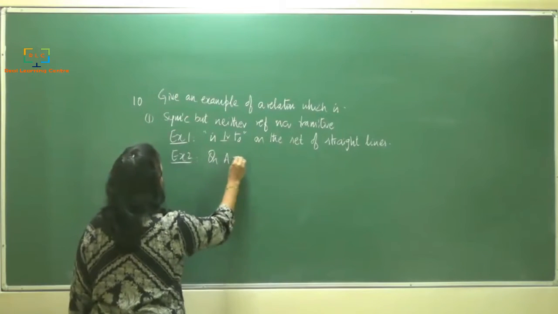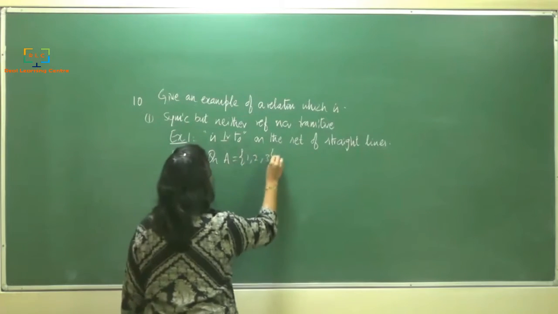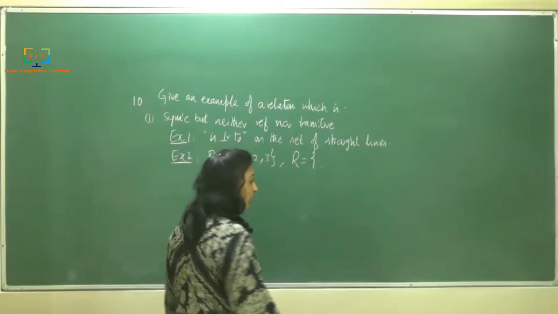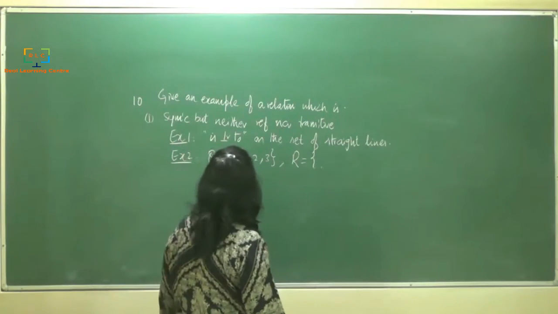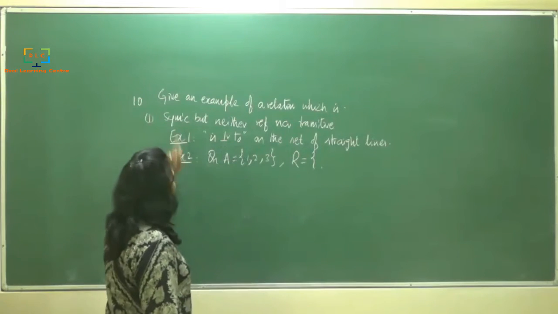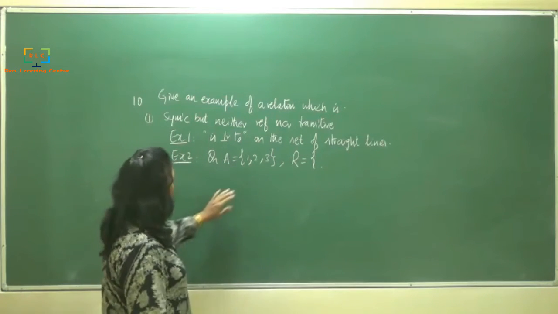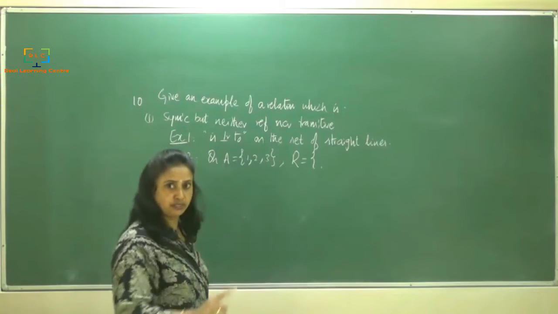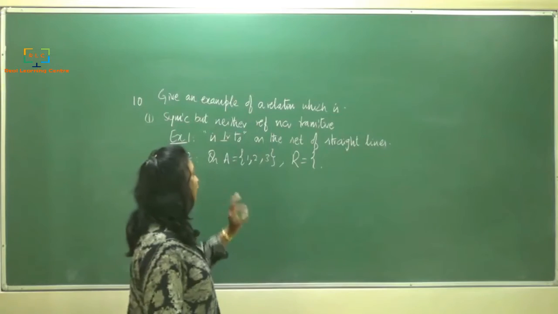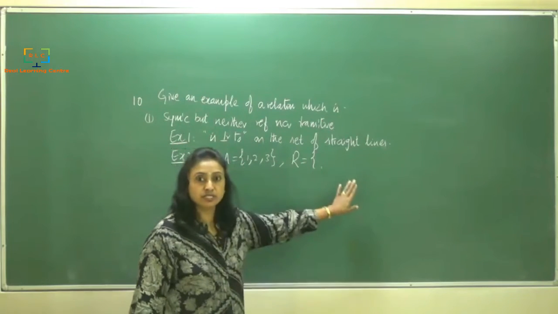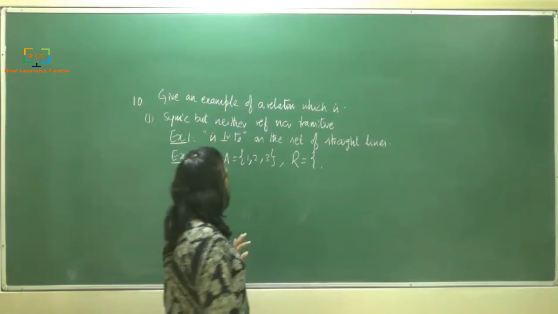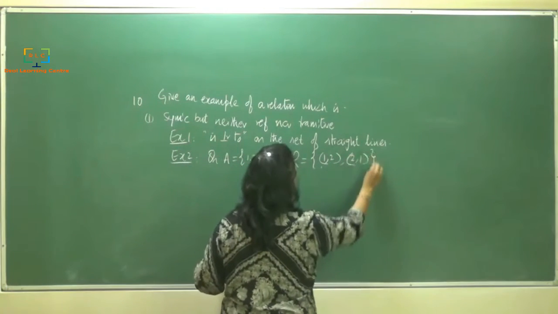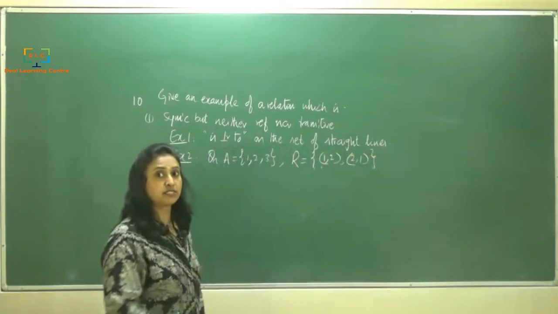But then if you can't do this, the best way of writing is the numerical example. Every time you say on A equals {1, 2, 3}, R equals what I want it to be. Only symmetric, it should not be reflexive. Now for this R to be reflexive, you should be writing (1,1), (2,2), (3,3), all the three. For every element of the set A, you should have the reflections inside. So now what I'll do, I'll write only (1,2) and I'll take (2,1) and I'll stop there because I don't want it to be transitive also.